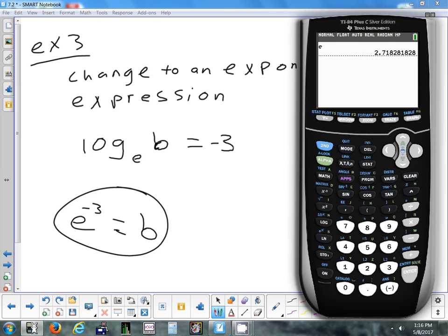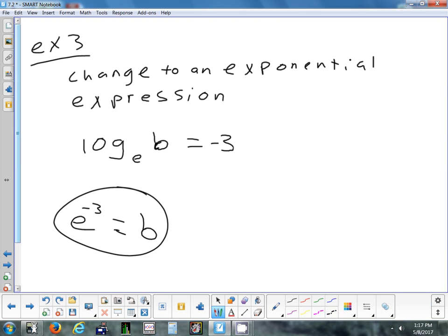So I could type in E to the -3rd, and if I wanted a decimal for that, it's about 0.05, if I were to round it off. They just said leave it as an exponent, so you don't have to do it out. Okay, so on your calculator, we'll talk a little bit more about e, but you want to make sure you know how to find e, wherever it is on your calculator.